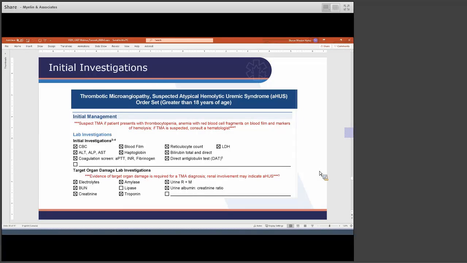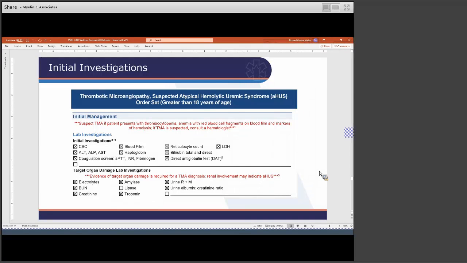Liver enzymes are there too, and you may ask, well, why am I ordering liver enzymes? Well, first and foremost, GI tract and pancreatic involvement is actually quite common in TMA, so that's one reason. But the other reason is that if you see a very significant elevation in bilirubin and abnormal liver enzymes, well, then you can't rely on LDH as being a marker of hemolysis.